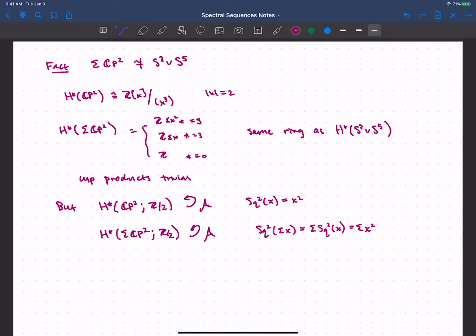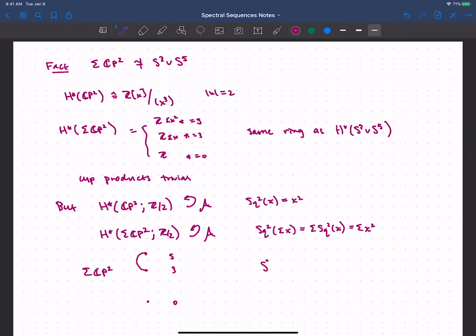So what I have there is a square 2 connection, right? So if I wanted to draw the cohomology of the suspension of CP squared, I'd have something in degree 0, and then I'd have a square 2 connection from degree 3 to degree 5.